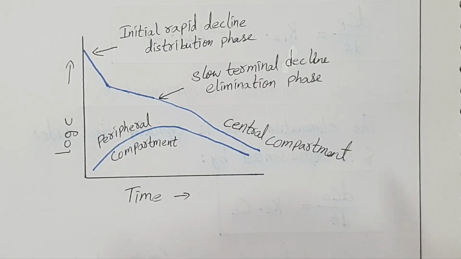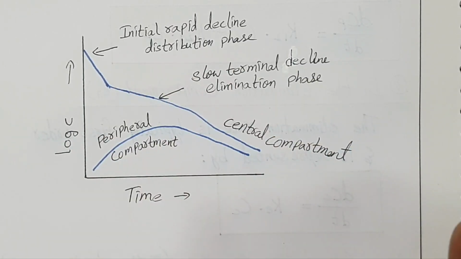So let's wrap it up. The two-compartment model explains how the drug moves and gets eliminated from different body parts. It shows two phases: a fast distribution phase and a slow elimination phase. The drug leaves the body only through the central compartment.